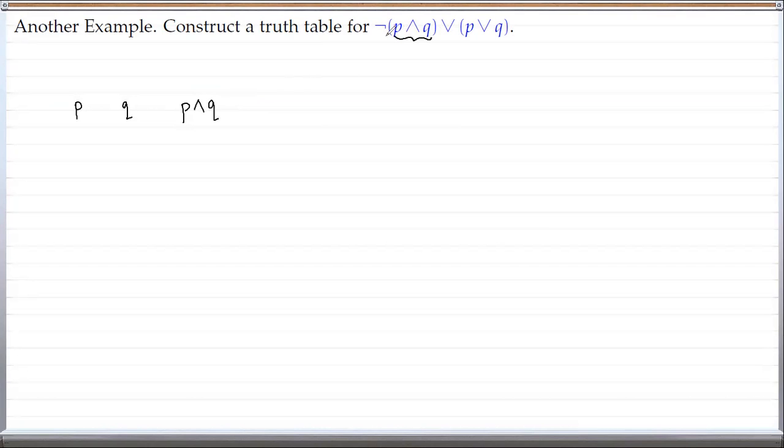And then we want to negate that. We have not (P and Q). And we also need to calculate P or Q. Now we can finally combine these two to get our final expression.